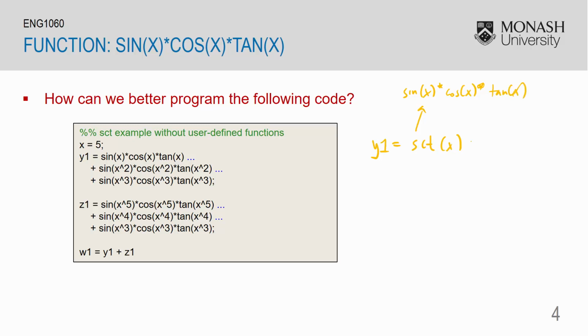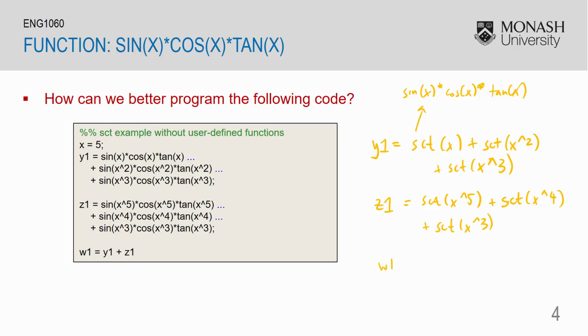Continuing on, we have SCT of x squared plus SCT of x cubed. Similarly, we can say z1 is equal to SCT of x to the 5 plus SCT of x to the 4 plus SCT of x cubed.